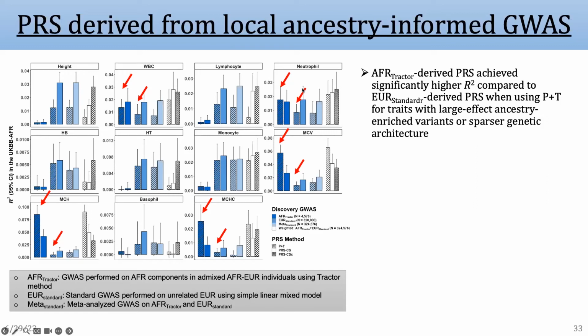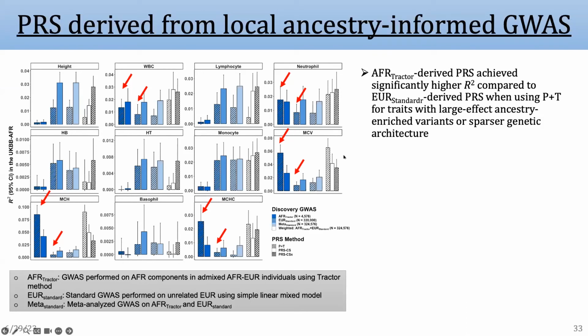And these are traits categorized by WBC and neutrophil. They have some African enriched variants where their allele frequency in African, and also the effect sizes, are large. And also traits like MCV, MCH, and MCHC are quite less polygenic with a sparser genetic architecture.